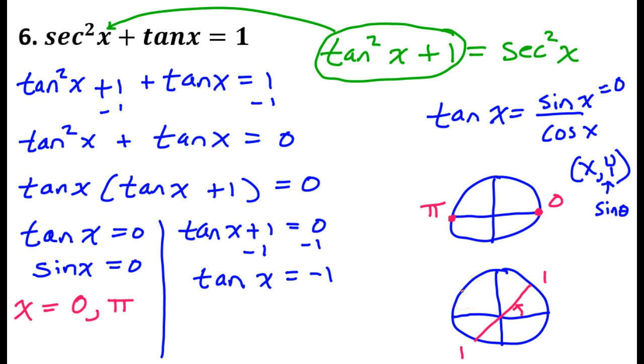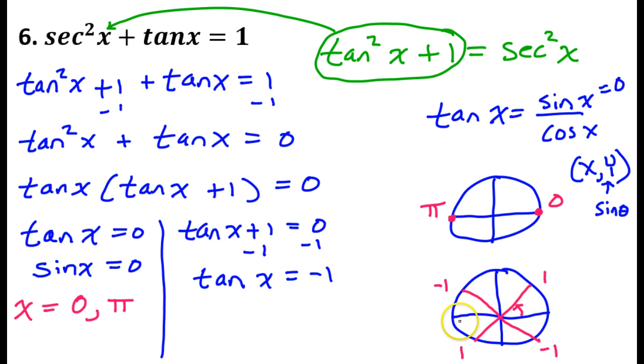But if you look at the other angles that have a reference angle of pi over 4, in this quadrant, you're going to get a -1 for the tangent. That's because you have a positive sine and a negative cosine, and a positive divided by a negative is a negative. Similarly, you're going to have a -1 for this angle in this quadrant.